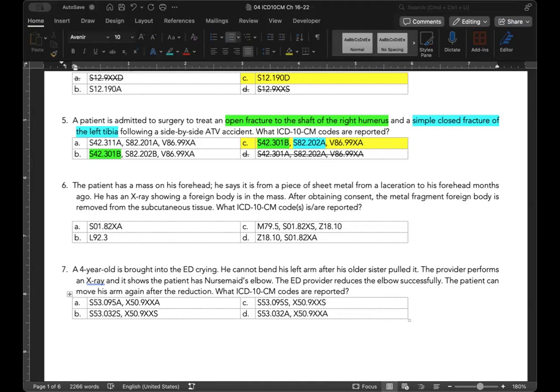Okay. So this one, we have 3 options that have S01.82, right? 2 of them have letter A, 1 of them has a letter S. So let's go look at S01.82.